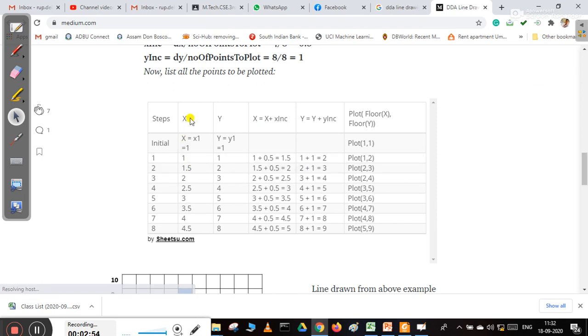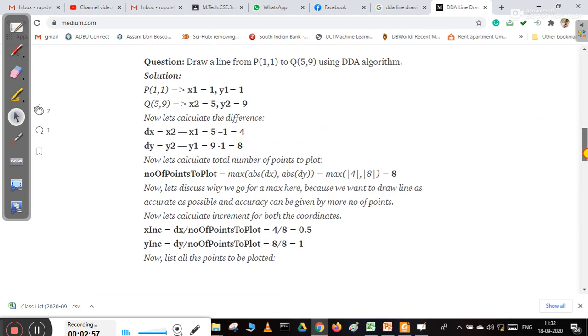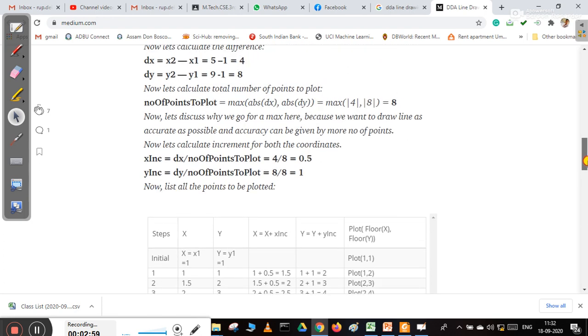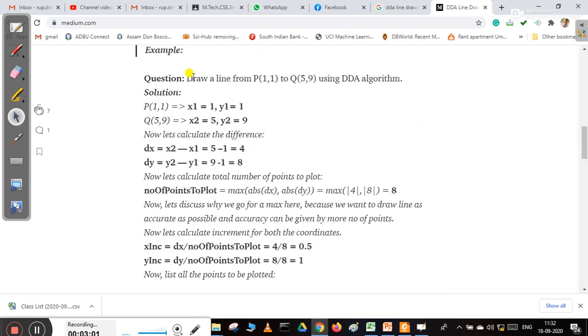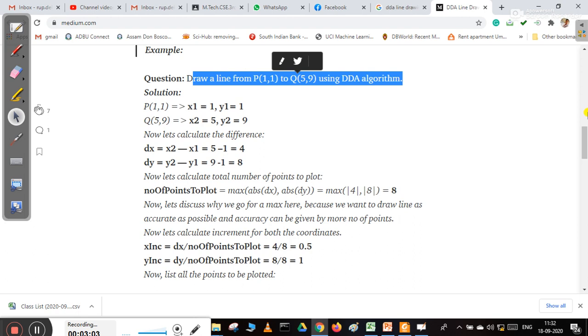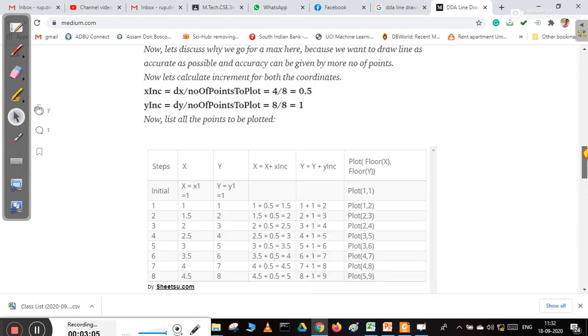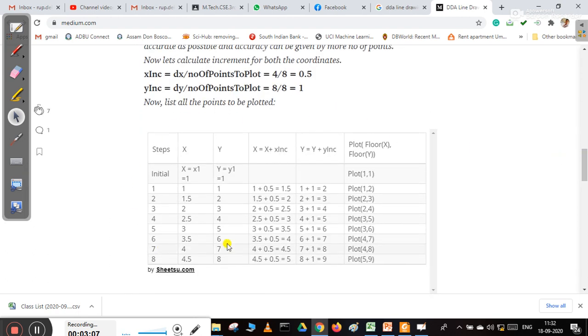Here you can see, for this type of problem, if a question comes in the exam requiring a long calculation, I advise you to do it this way, because in this way the error will be less.